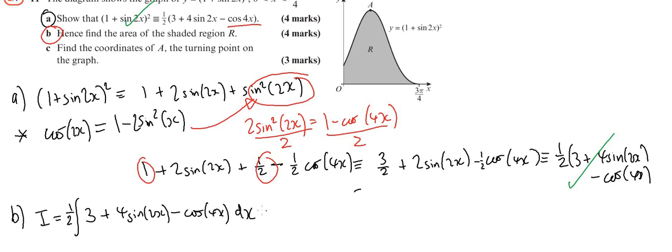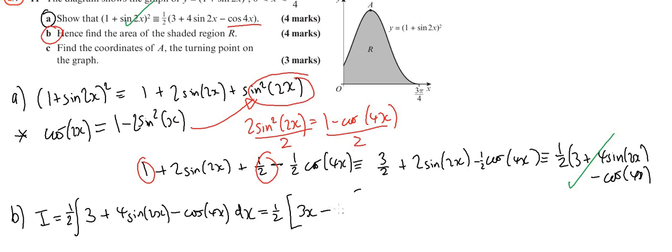Remember, all added and subtracted should be easy. So our answer is going to be a half. We integrate 3. What are we going to get? We're going to get 3x. We integrate sine, I get minus cos.